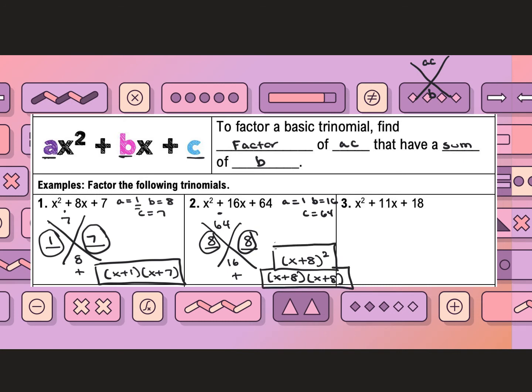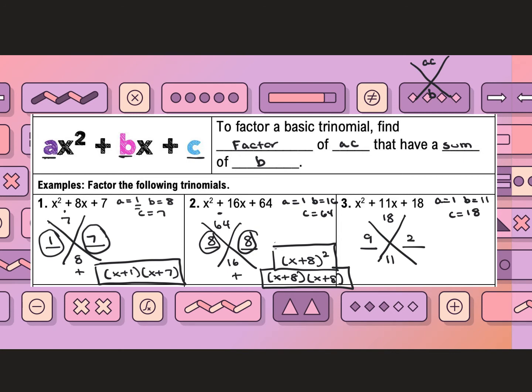All right. And then looking at number 3, again, I have A equals 1, B equals 11, and C equals 18. Multiplying A times C, I get 18. So I want two numbers that when I multiply give me 18, that when I add them together give me 11. Those factors are 9 and 2.